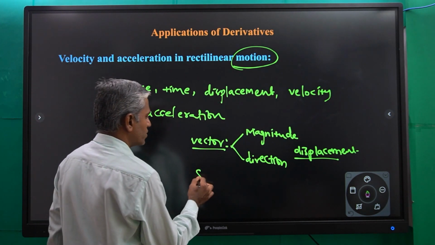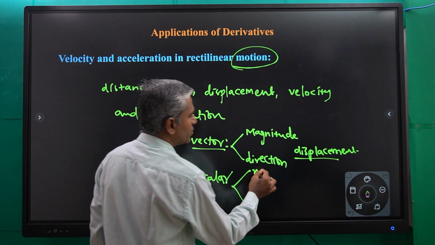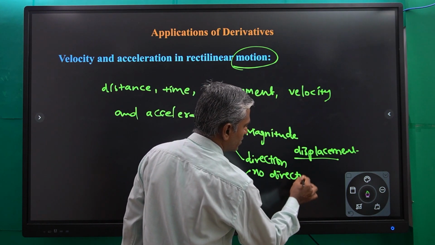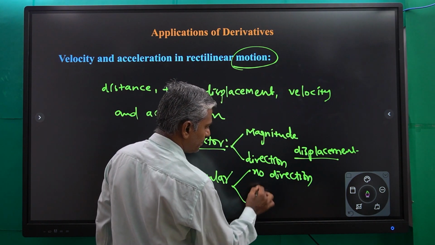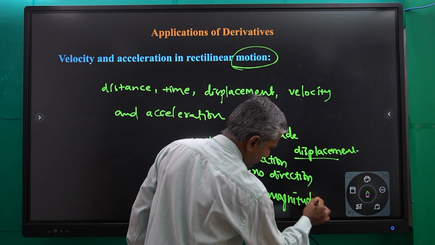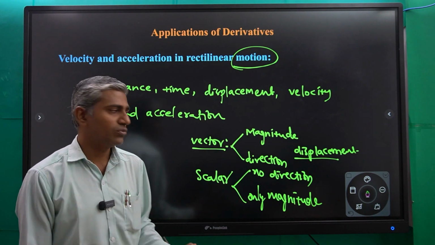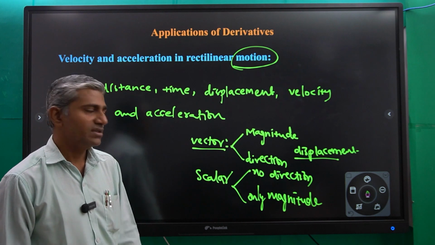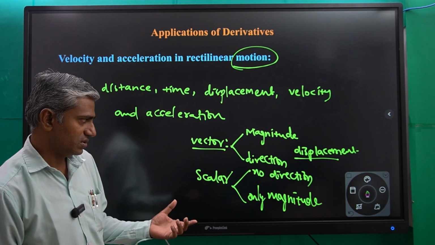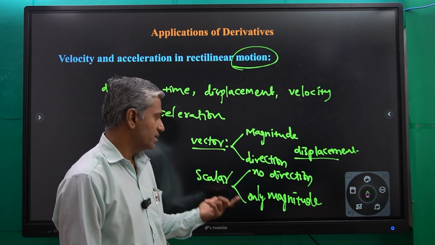Next one is a scalar. What is a scalar? A scalar has only magnitude, no direction. So a physical quantity which has both magnitude and direction is called a vector, and a physical quantity which has no direction but only magnitude is called a scalar quantity.